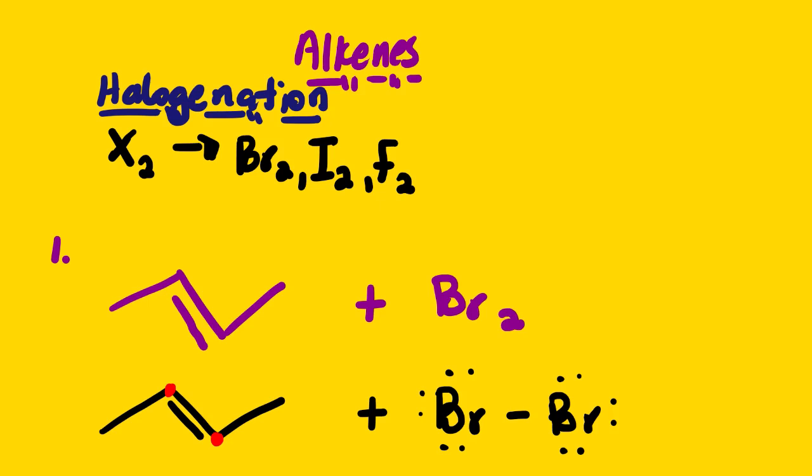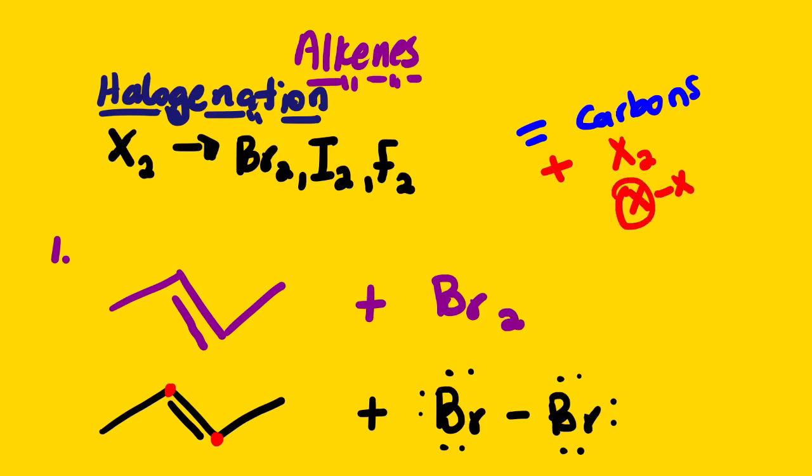The procedure is simple. We simply look at the double bond carbons, and that is where we are going to add our halogens. The first halogen will take the first carbon on the double bond.